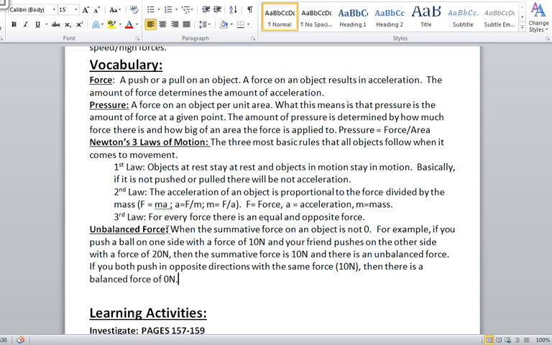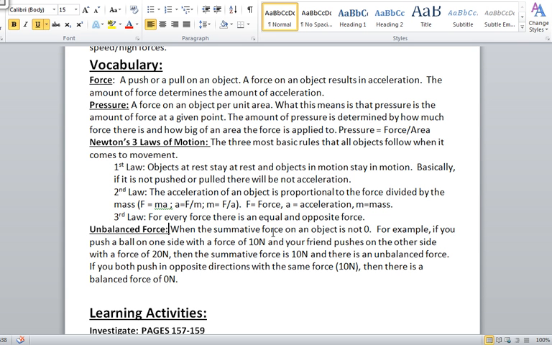Now every once in a while you hear this term unbalanced force. Sometimes on an object, let's say 2 people are pushing on opposite ends, but one person is stronger than the other. Because that one person is stronger, it's an unbalanced force, meaning that there will be acceleration. If both people are the same strength and they're pushing on opposite ends, the force is balanced, thus the force is 0.